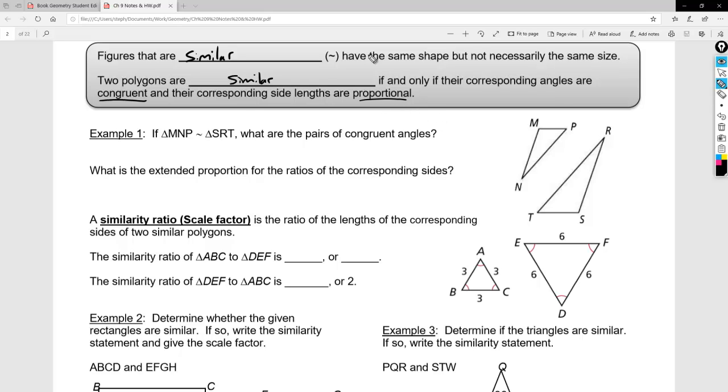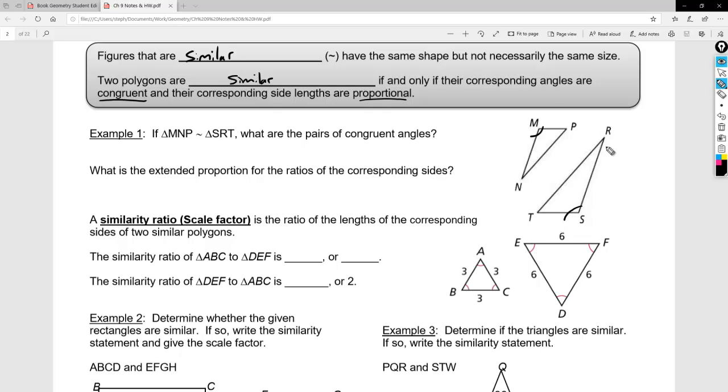So in our first example, if triangle MNP is similar to triangle SRT, then what are the pairs of congruent angles? The way that I typically go about this is I look for something that sticks out. In this case, I see that I have an obtuse angle on M, I have an obtuse angle on S, and then I'm going to pick everything else relative to that.